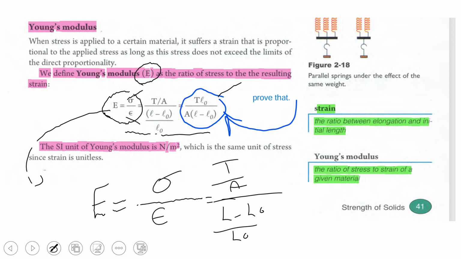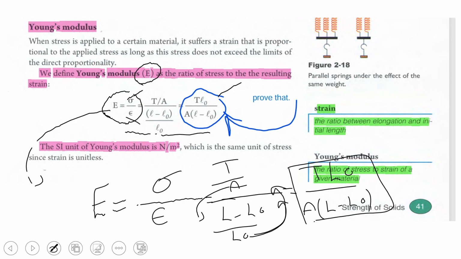The area moves down, and this L naught moves up. So write T again, the area comes down here, write L minus L naught inside the bracket, and L naught goes up. So at the end, we've got a new rule: T L naught over A times L minus L naught. That rule is important in calculation. So to find Young modulus, we can use this rule.